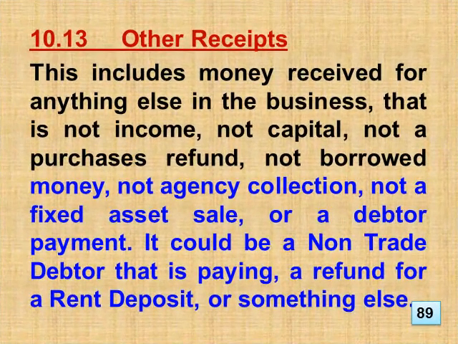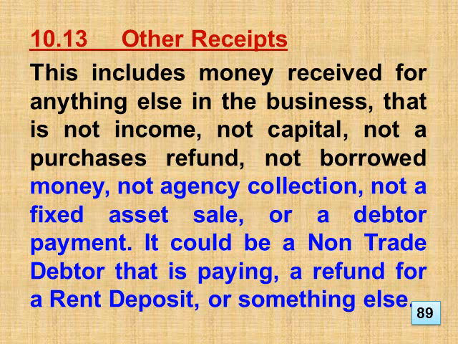Section 10.13. Other receipts. This includes money received for anything else in the business, that is not income, not capital, not a purchaser's refund, not borrowed money, not agency collection, not a fixed asset sale, or a debtor payment. It could be a non-trade debtor that is paying a refund for a rent deposit, or something else.